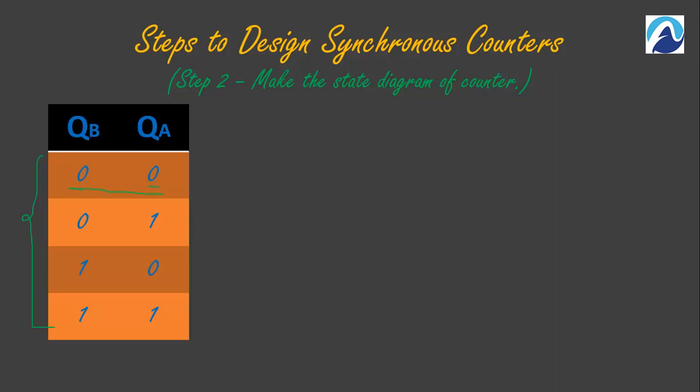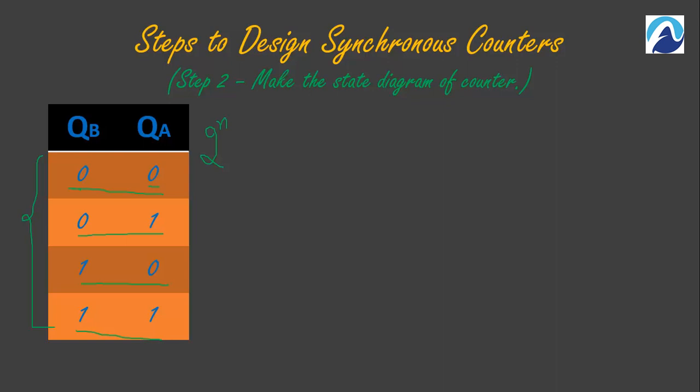My counter may be at the state 0, 1, which is equivalent to 1. It may be at the state 1, 0, which is equivalent to 2, and at the last 1, 1, which is equivalent to 3. So the possible states which I have are simply 2 raised to power n, where n is the number of flip-flops you require, or n is the number of bits.